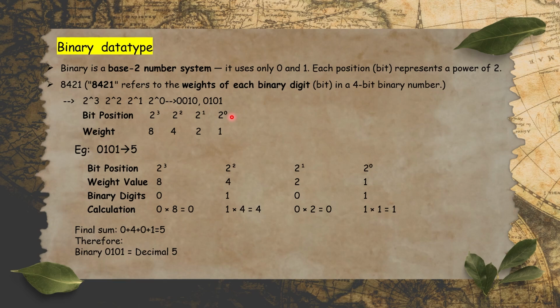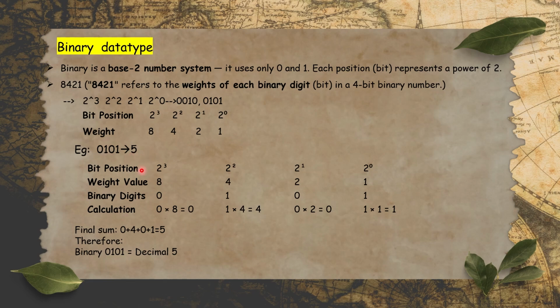By its weight or by the bit position, anything is fine, because whether I multiply with the weight or with the bit position, I get the same result. Clear? So 2 power 0 is 1, 2 power 1 is 2, 2 power 2 is 4 and 2 power 3 is 8. Now take the example of 0101 in binary. I want to convert this to a decimal integer, and the decimal value for this is 5.